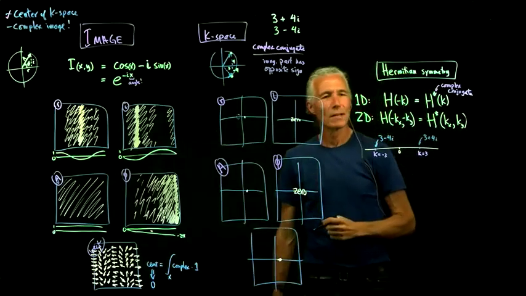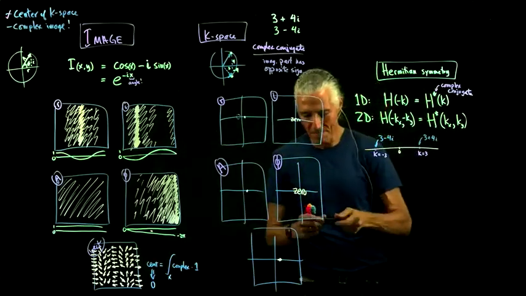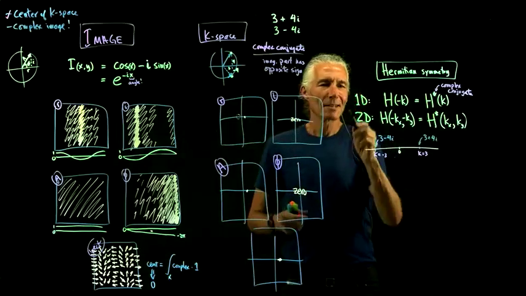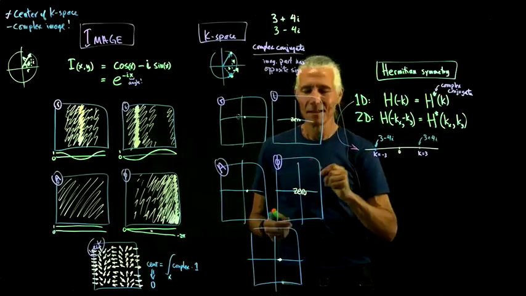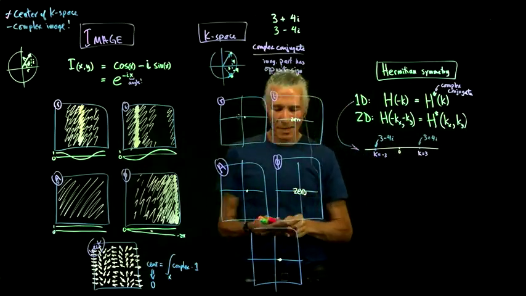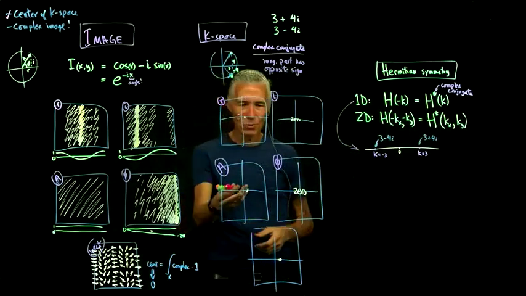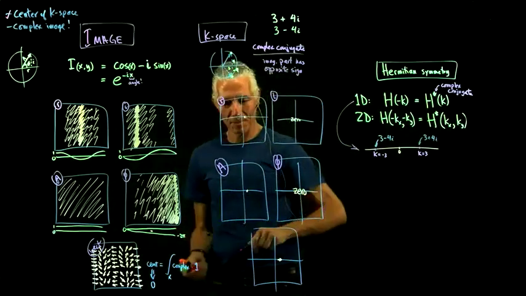So what does that mean in our two-dimensional k-space?